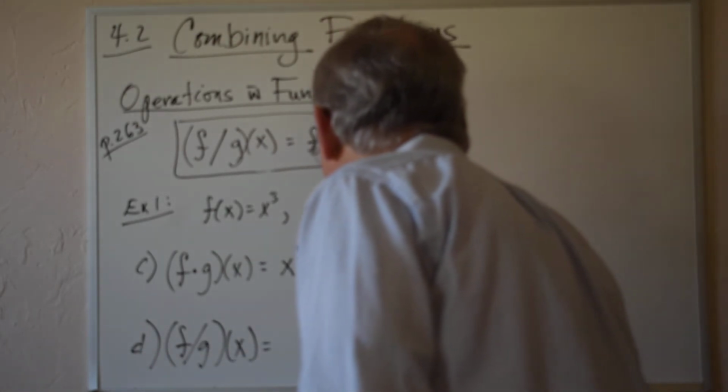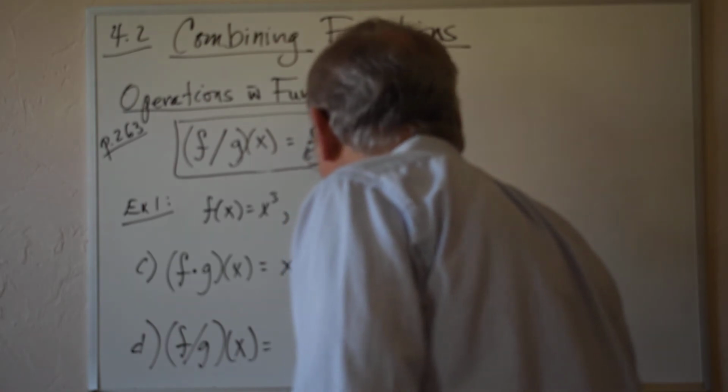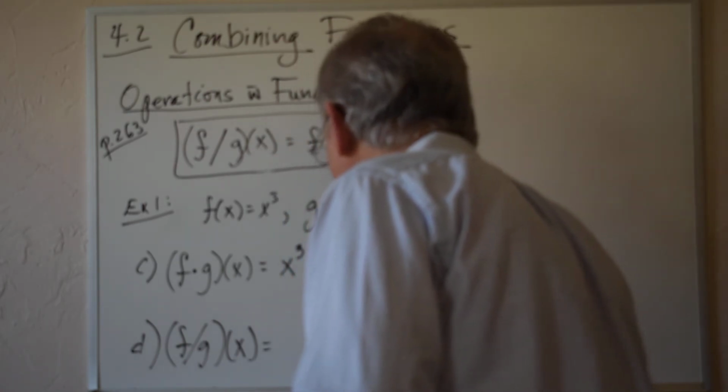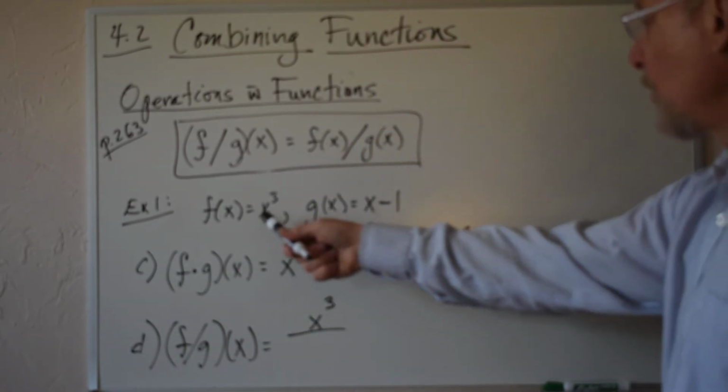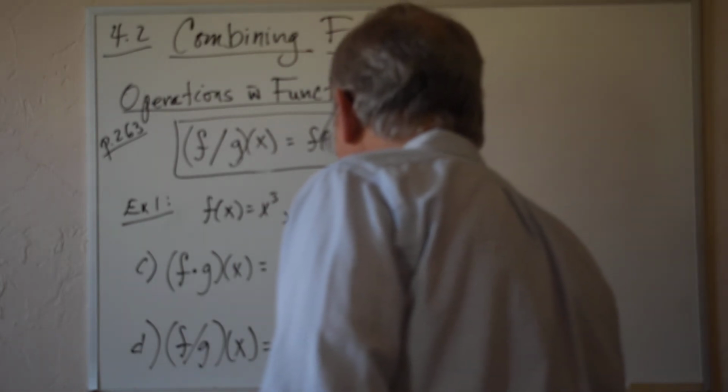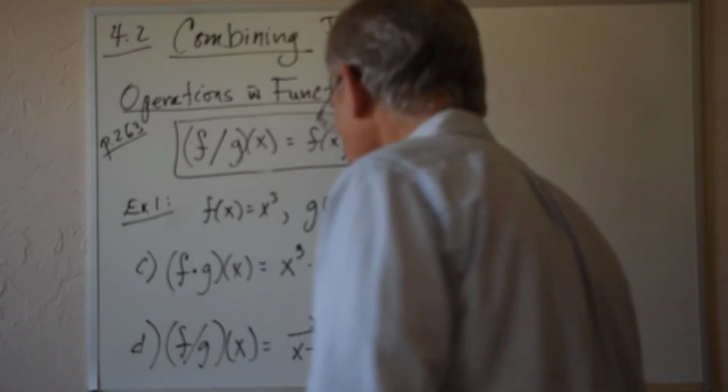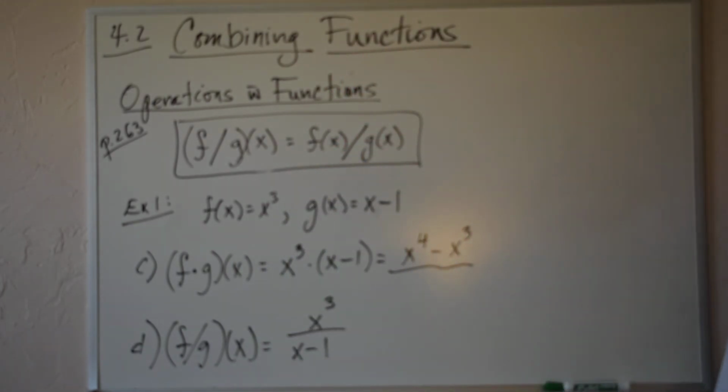So we're going to build a fraction. f of x becomes the numerator of that fraction. g of x becomes the denominator. And there it is.